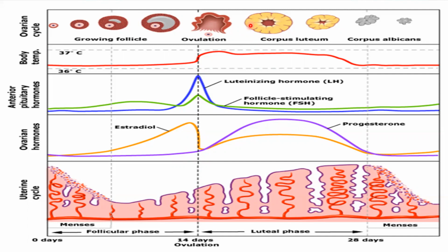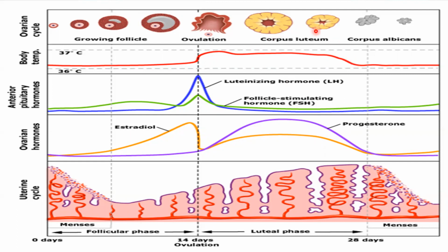This corpus luteum is responsible for increasing the level of progesterone, and this level of progesterone is important for increasing the size of the uterus wall. You can see there is a drastic increase in the size of the uterine wall. At this time, estradiol level also increases and then again decreases. Both the hormones of the anterior pituitary are reduced. Body temperature rises in this entire period.